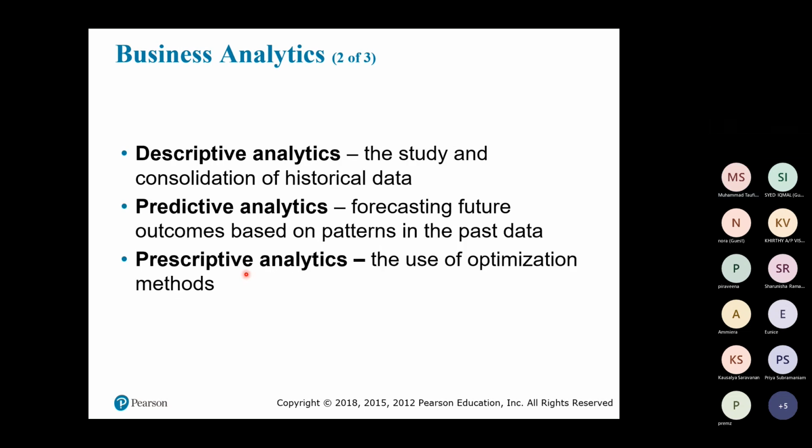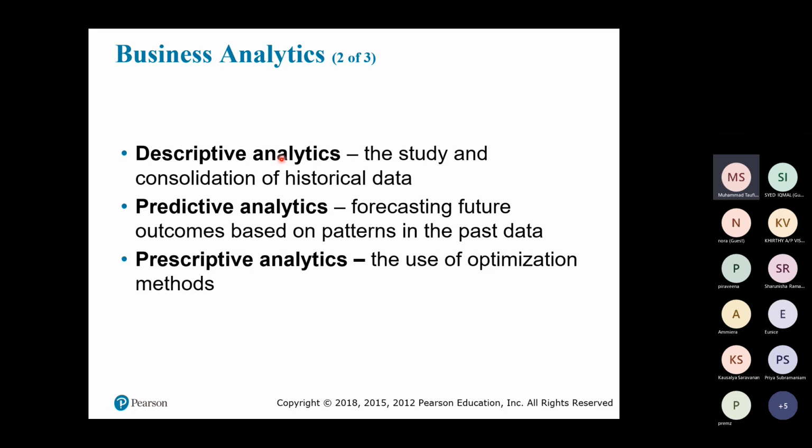Under business analytics we have three domains. First is descriptive analysis. How you describe the trend, how you describe the performance of your business, how you describe the behavior of your customer. That is what we call descriptive. We describe the situation based on the previous data.